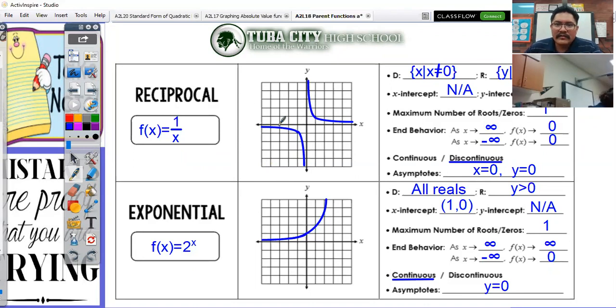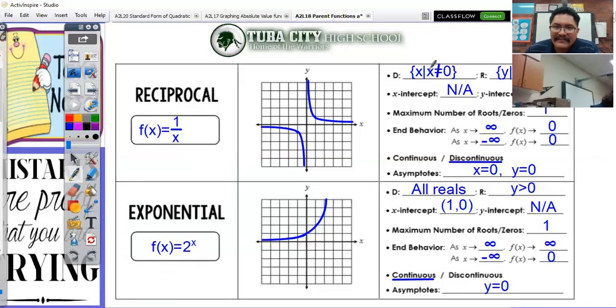So these are what you call asymptotes, meaning that if you follow the line, it goes closer and closer to this line, but it does not touch. Now, since it never touches the x-axis, there is a break in the domain.